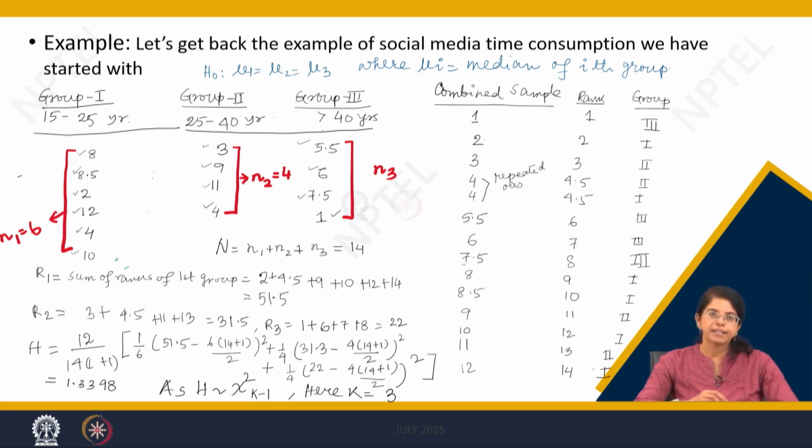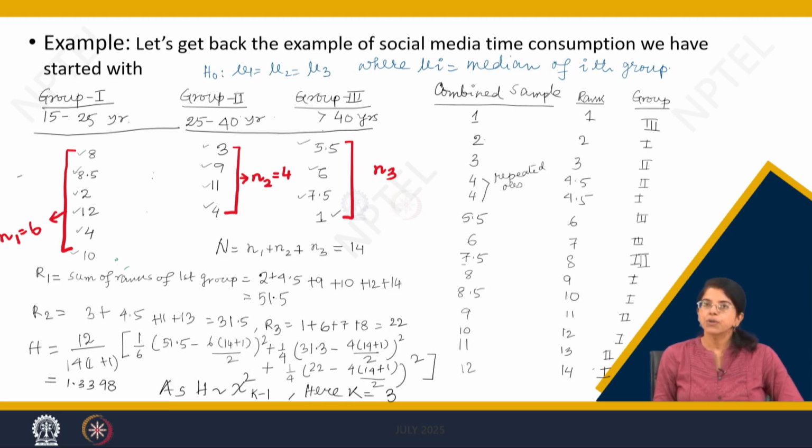It is very mechanical, and you have to do the combined sample ranking, you have to make the rank sum of each of the groups, and thereafter you can figure out H. It is not very difficult as I am saying, but it is really lengthy.